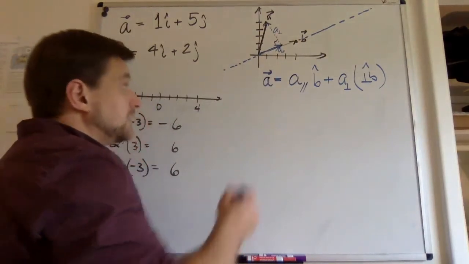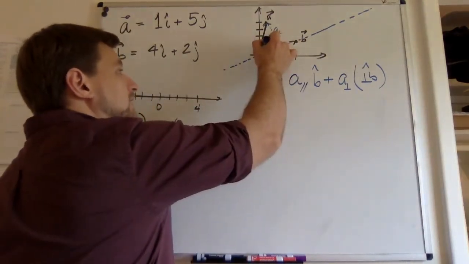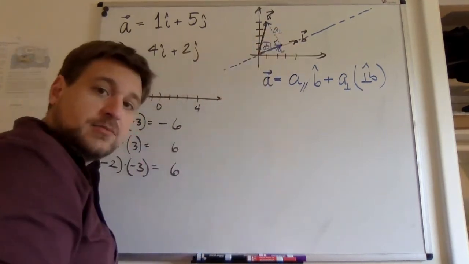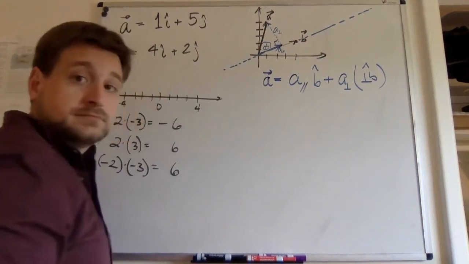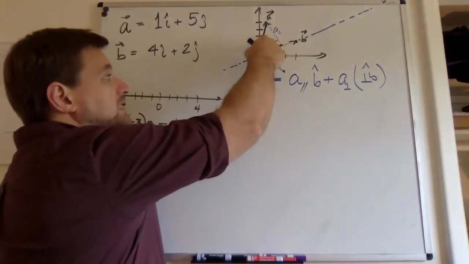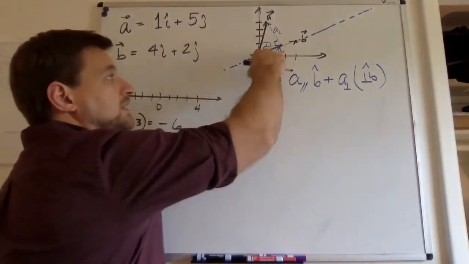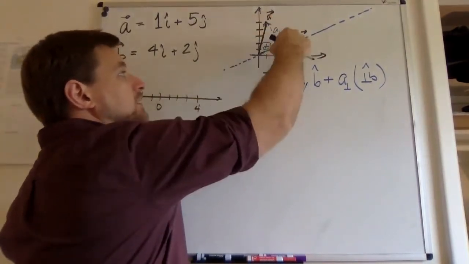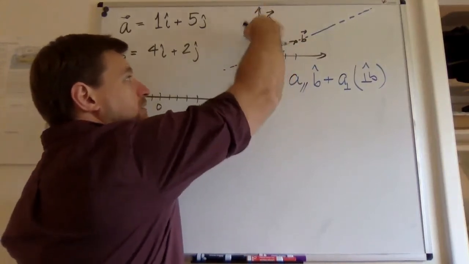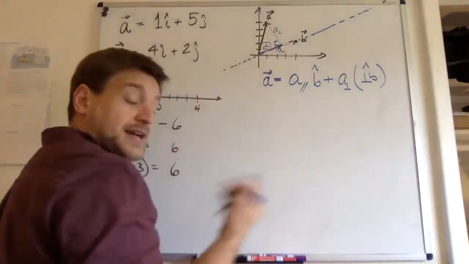And the answer is that I need to talk about this angle, the angle between A and B. If we know the angle between A and B, then we can express A parallel in terms of this right triangle that we're making here with the actual hypotenuse as vector A itself.